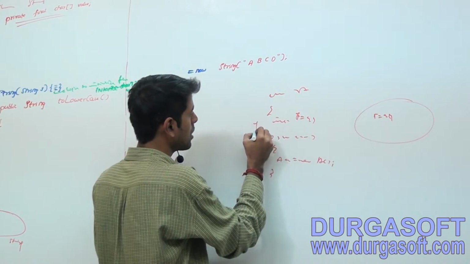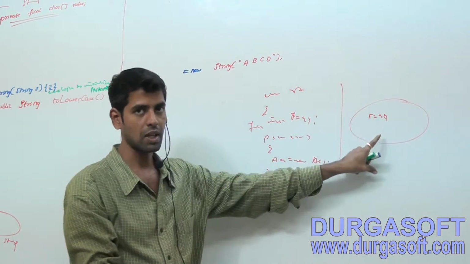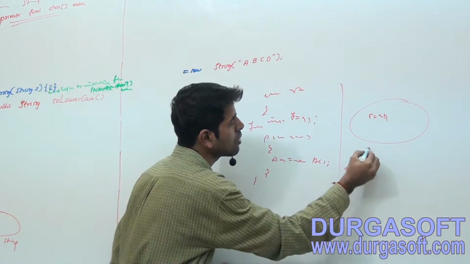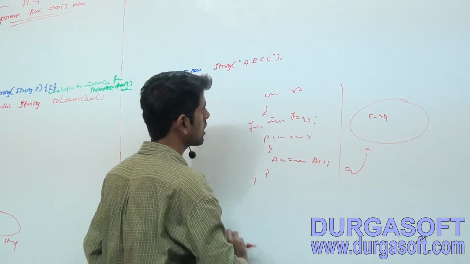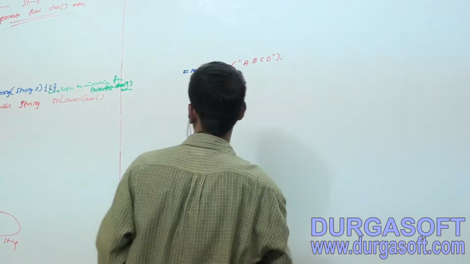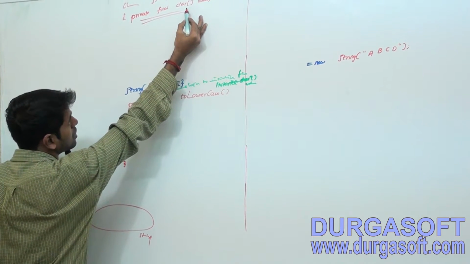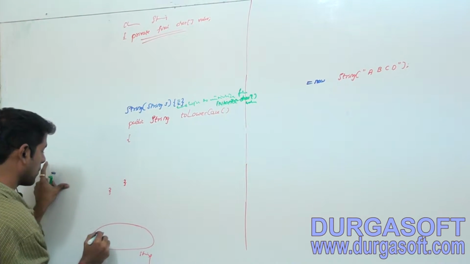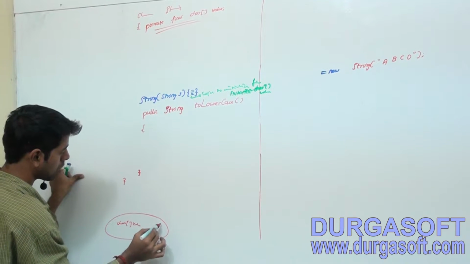Yes. If I put final here, the same code, same memory representation, and a will be referring to this object. Okay, now observe the same thing. This value, which is of type char array, will be here within this object.